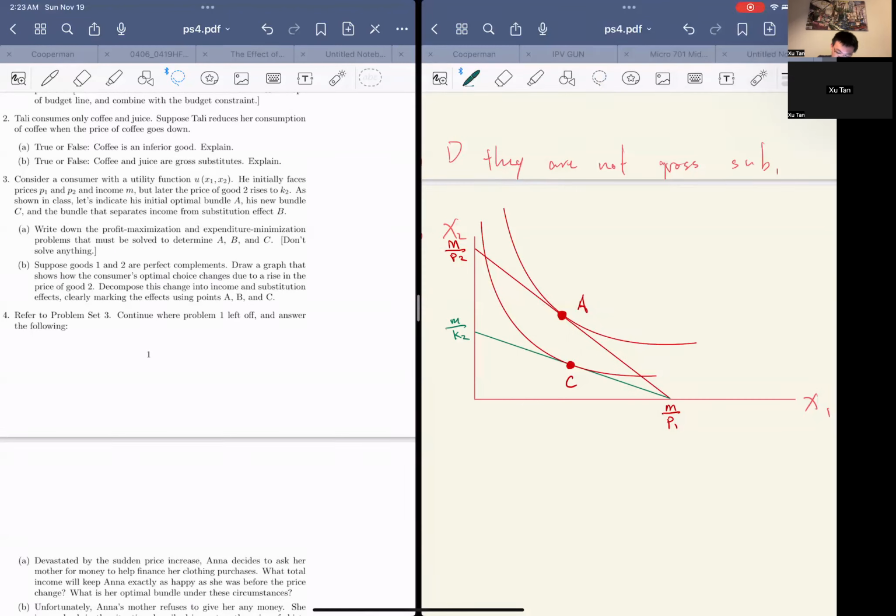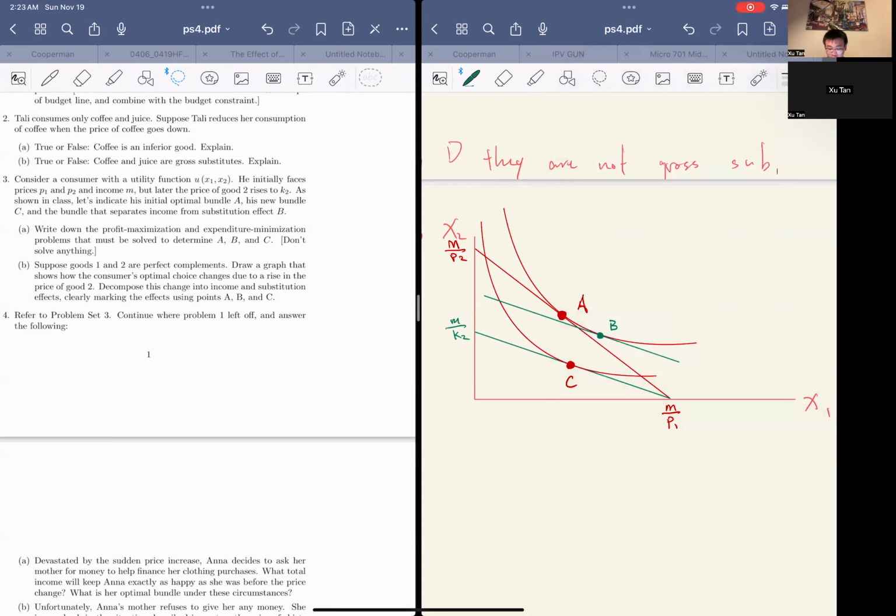So we'll just move this green line: copy, paste, so it's parallel, and move it up until it touches the original utility curve. So that's point B. Okay, so let's take a look.